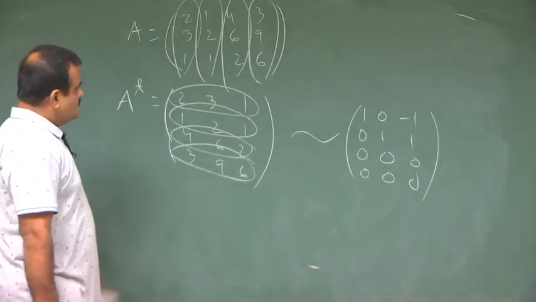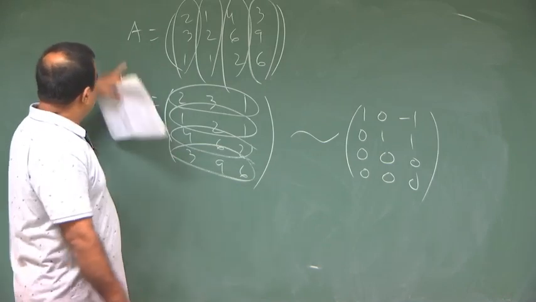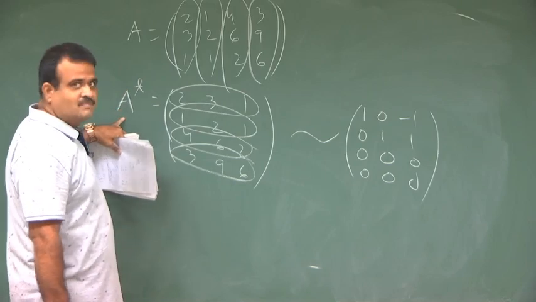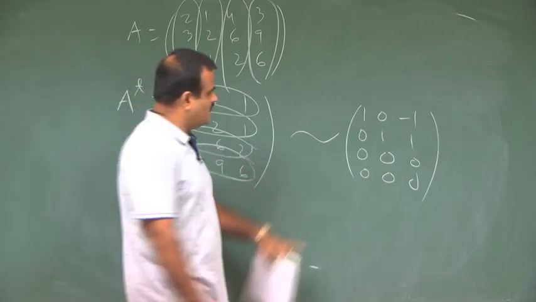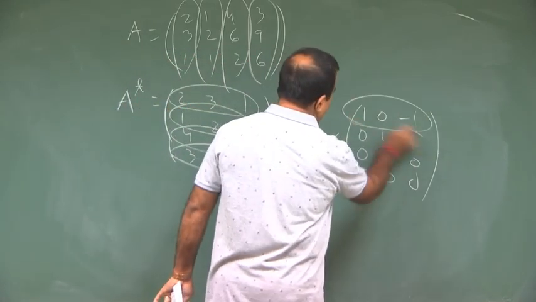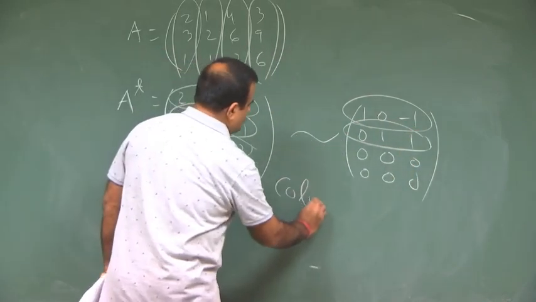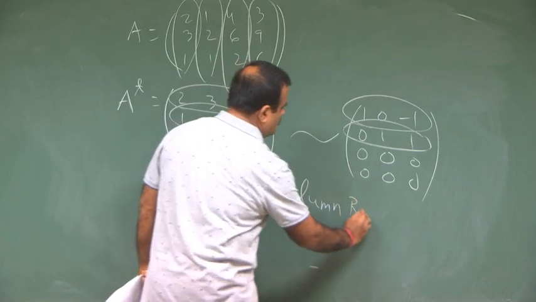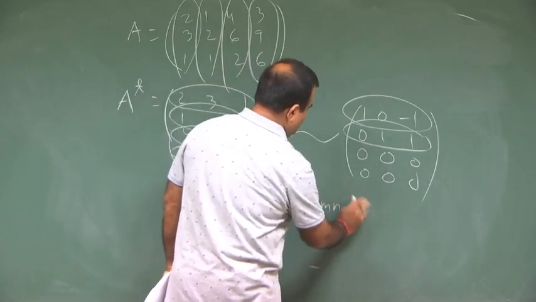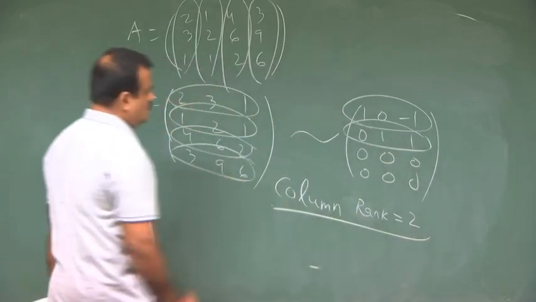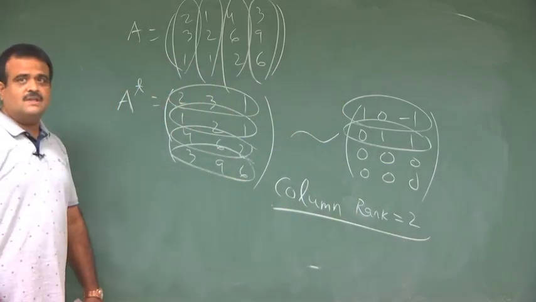So, that means the column space of this matrix is the same as the row space of this matrix, and the number of independent vectors here is 2. So, the column rank is equal to 2. So, we have seen the row rank too.